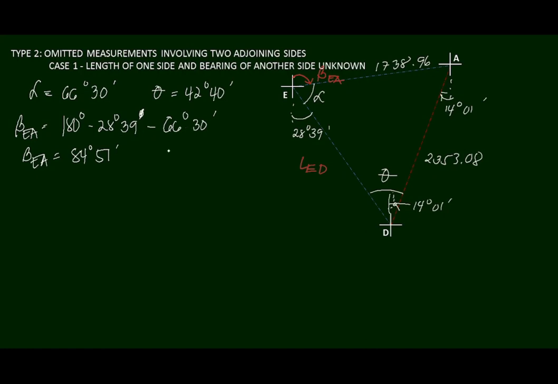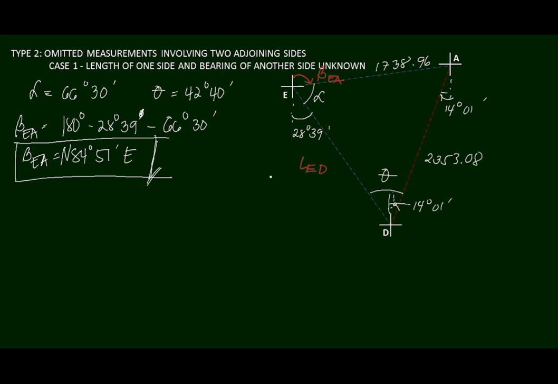Yan yung bearing ni line EA. What is my direction? As you can see here in this diagram, that is north. Pupunta siya ng east. Okay. So, 1 down. This is now the bearing of your EA. May isa pa tayong kailangang hanapin, yung length ni ED.